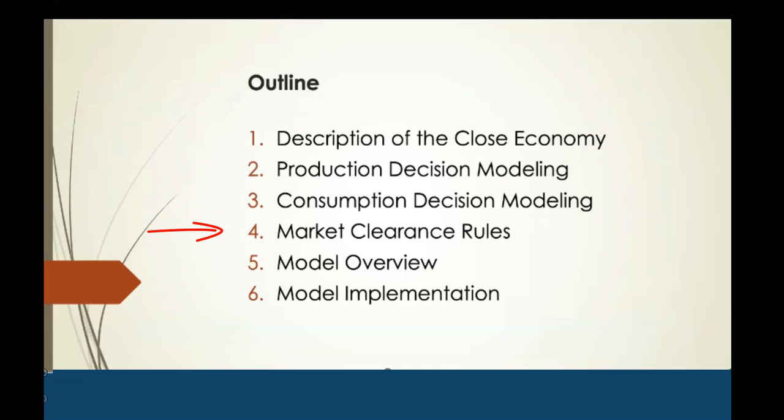The market clearance rules are presented in part 4. An overview of the full model is presented in part 5. Finally, part 6 gives an overview of the key steps needed to implement the model.